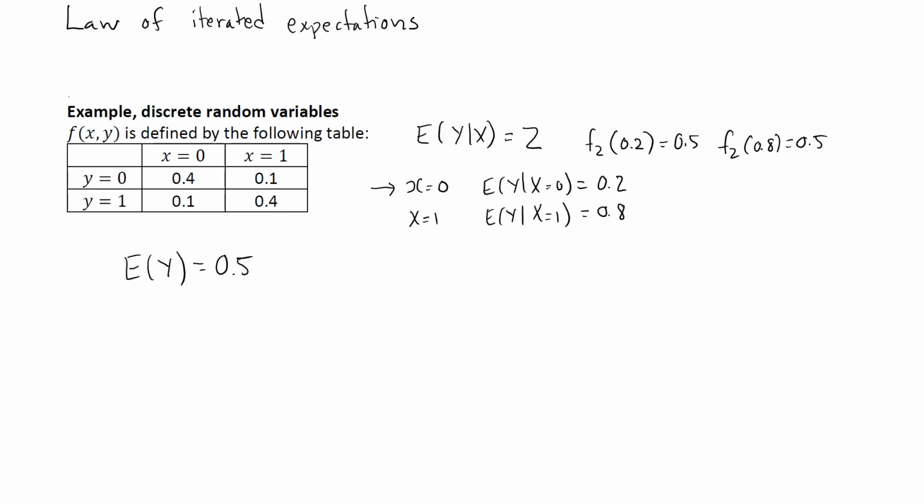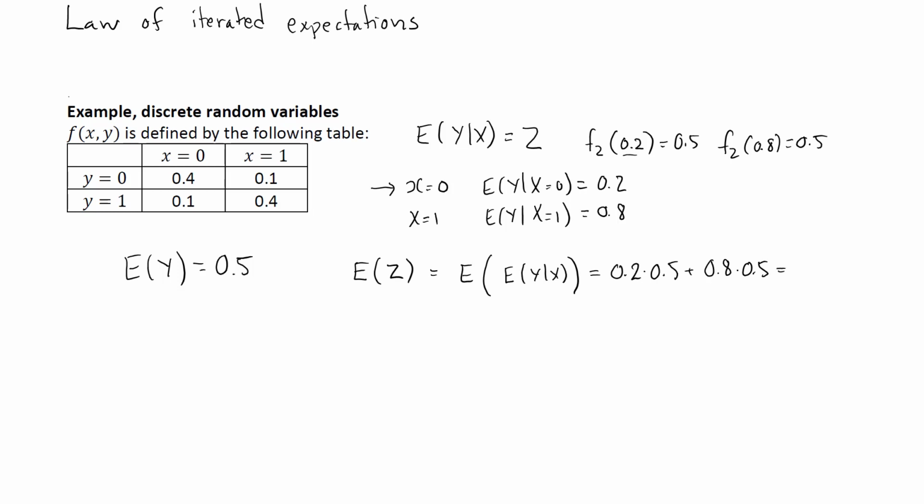So here is an interesting thing. If I calculate the expected value of my z, that is, the expected value of this random variable E[y given x], that comes out to be, well, z takes the value 0.2 with the probability of 0.5, and it takes the value 0.8 with the probability 0.5.